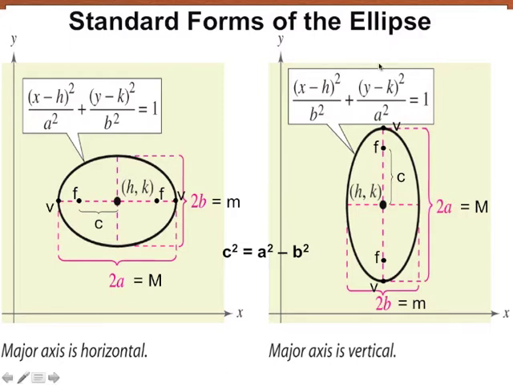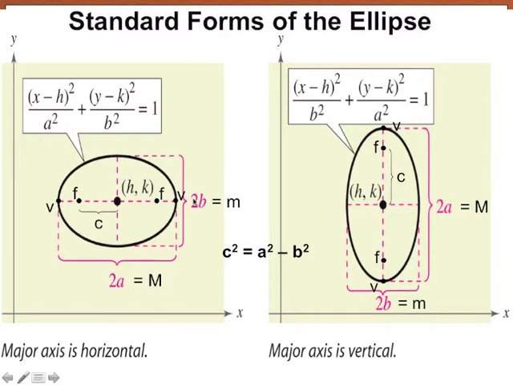And as I said already, the standard form for a vertical ellipse is (x minus h) squared over b squared plus (y minus k) squared over a squared equals 1. And notice again that your bigger number is going to be underneath your y coordinate, whereas with horizontal ellipses, the bigger number, the a squared, is going to be underneath your x coordinate.